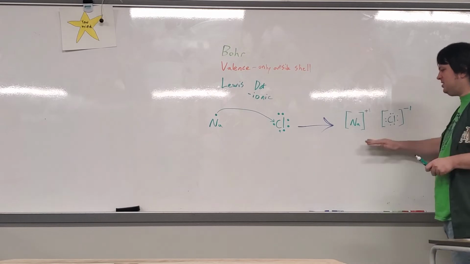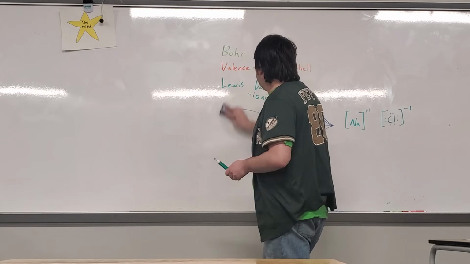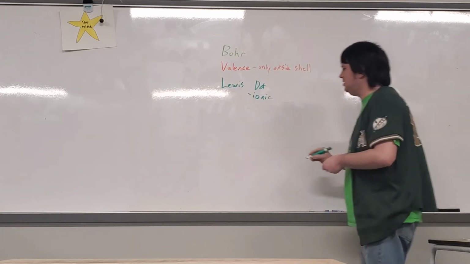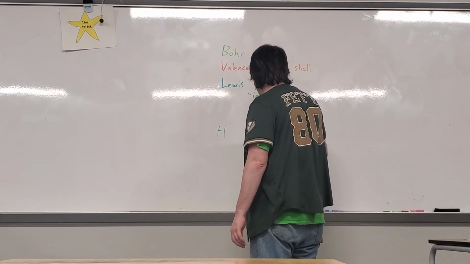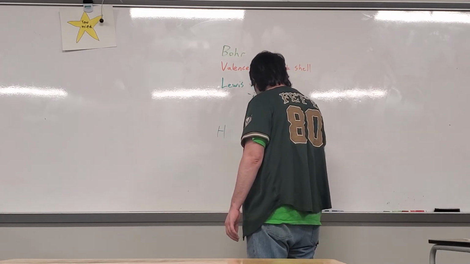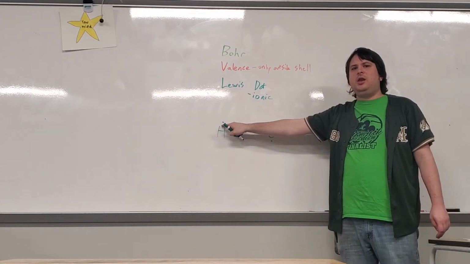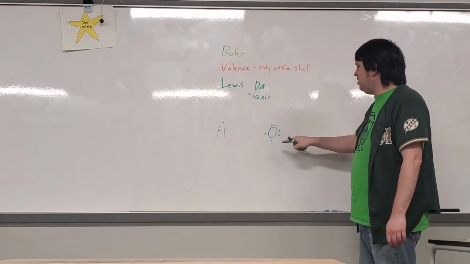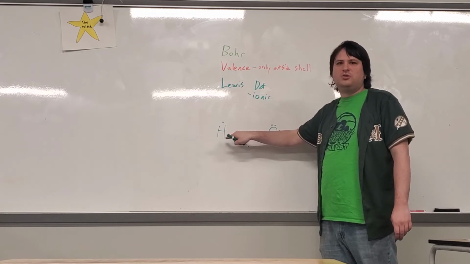Sometimes, however, this doesn't happen where it's a 1-to-1 ratio. Sometimes you need multiples, such as with hydrogen and oxygen. Hydrogen has a single electron. Oxygen has 6 outer electrons. Oxygen wants to get to 8. Hydrogen wants to get to 0 or 2.